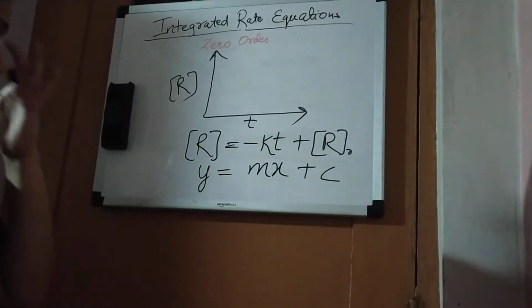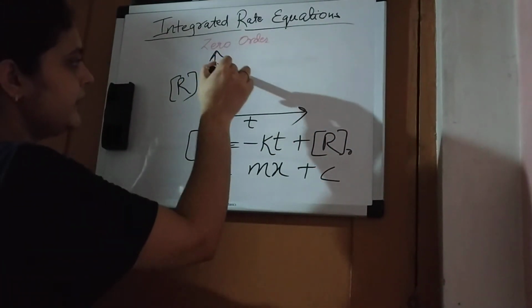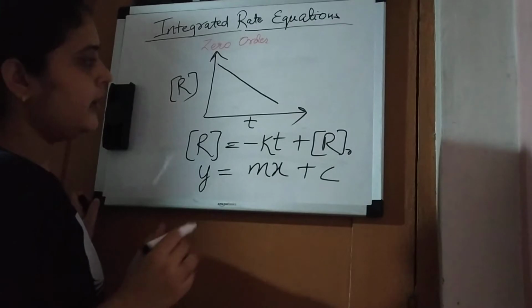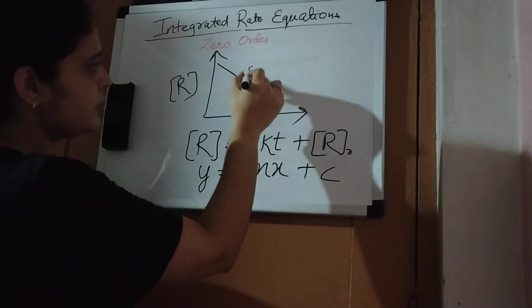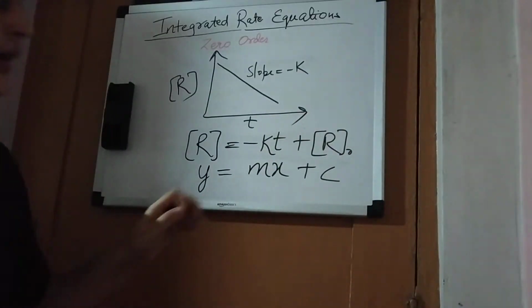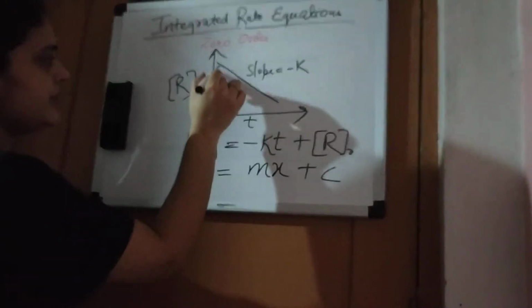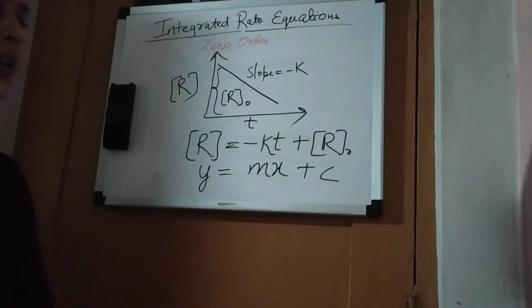So this is the y coordinate, this is the x coordinate. You will get a graph like this. This is the slope, and slope will be equal to minus k. And the intercept will be R naught. The intercept is this one, which equals the initial concentration of the reactant.